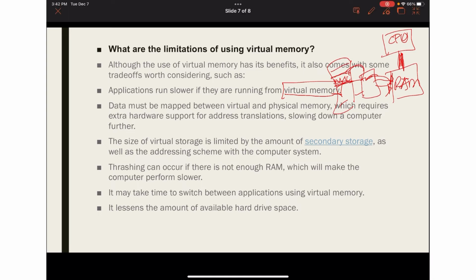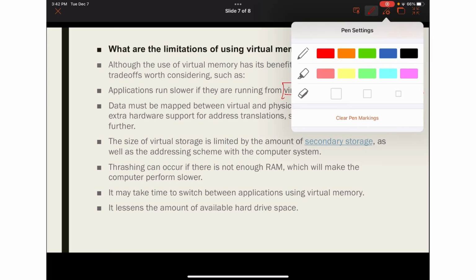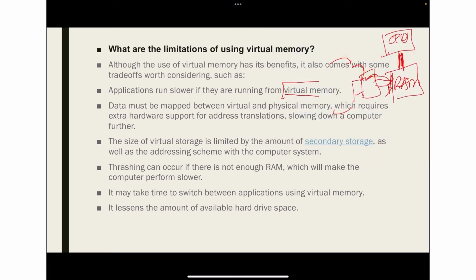That is why it became slower. Yan, nagiging mas mabagal because of using virtual memory. But, yun nga, ito yung trade-off. Kasi, kung konti naman, unless hindi na natin mata-run yung program kasi nga kulang yung memory.